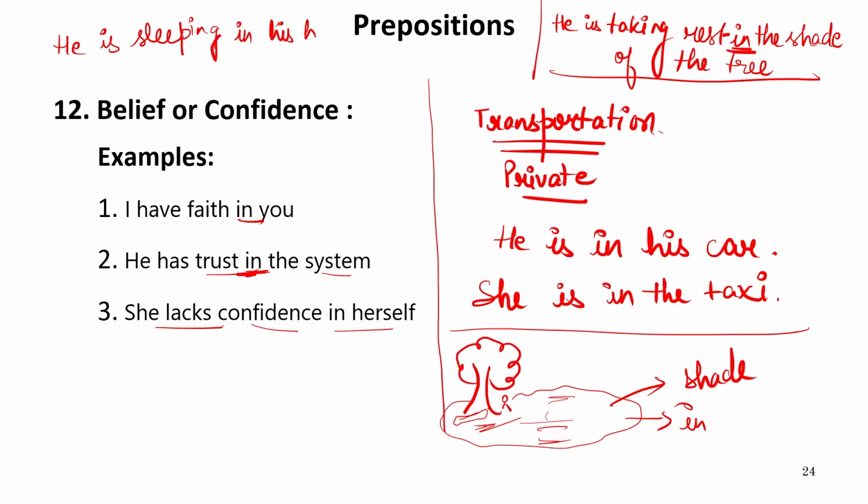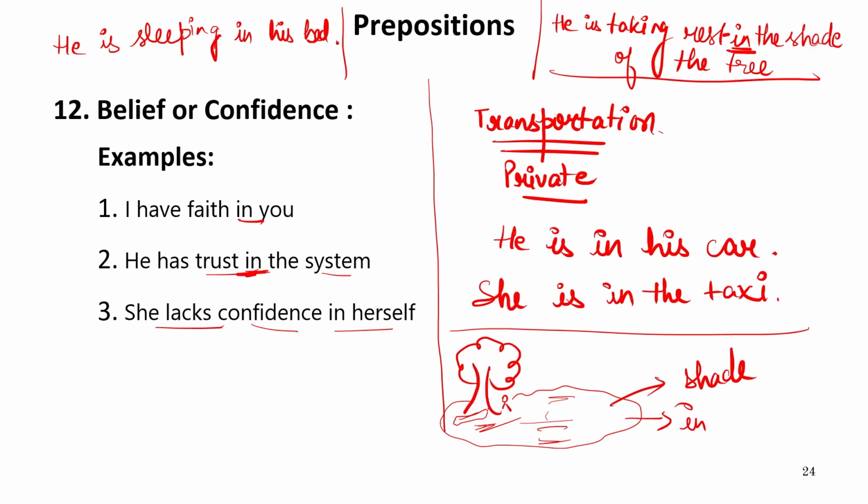So here we are using in, not on, because he's in a comfortable position over there. So we will use in the bed or in his bed. We will not use on over here. On is generally used in case of only sitting or only lying, that is, not comfortably in it. So we can use on in that case, not in.